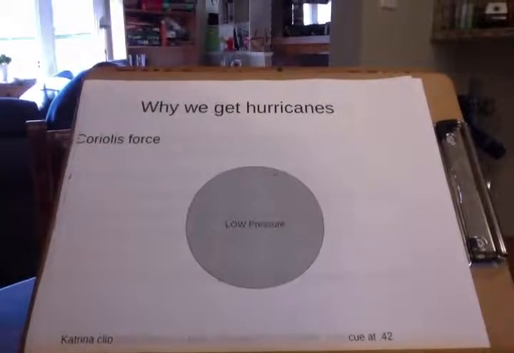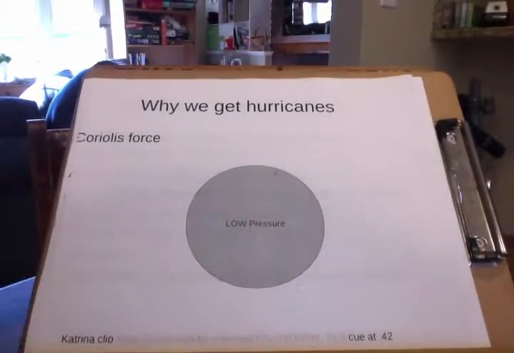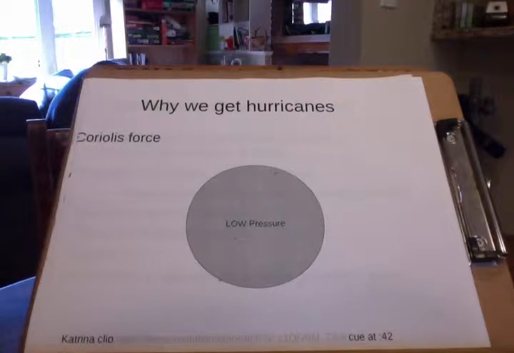I've put at the bottom of this slide a clip of Hurricane Katrina. Cue it up at 42 seconds and keep a watch of it there. The main thing I want you to observe, and really if you've ever seen a weather satellite image of a hurricane or similar storm, you don't actually need to look at the clip.